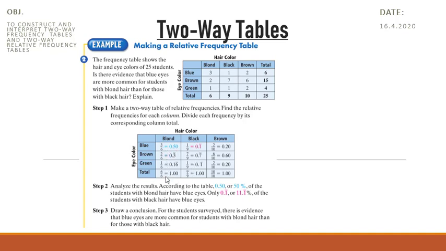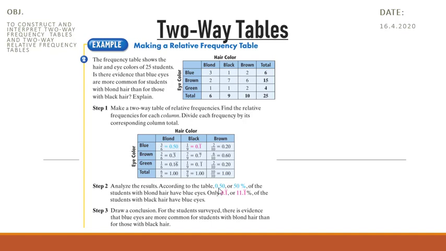And now let's analyze the results. From the table we can see that blonde hair with blue eyes is 50%. 50% of students with blonde hair have blue eyes, and only 11.1% of students with black hair have blue eyes.